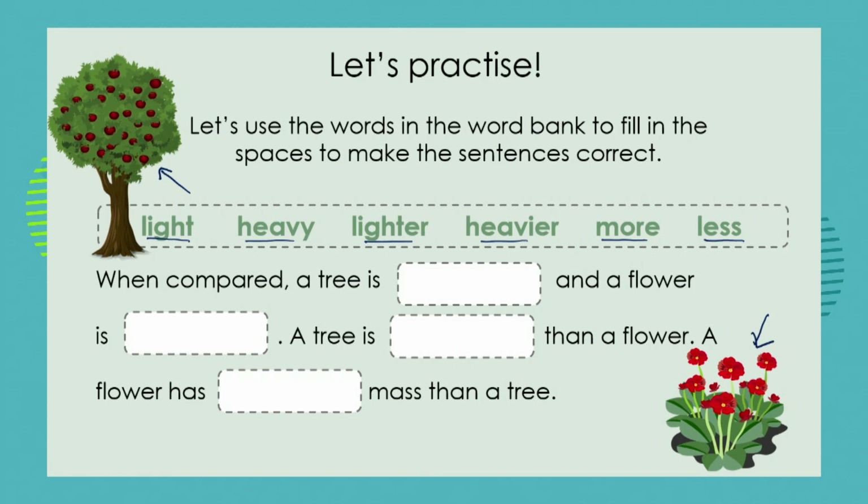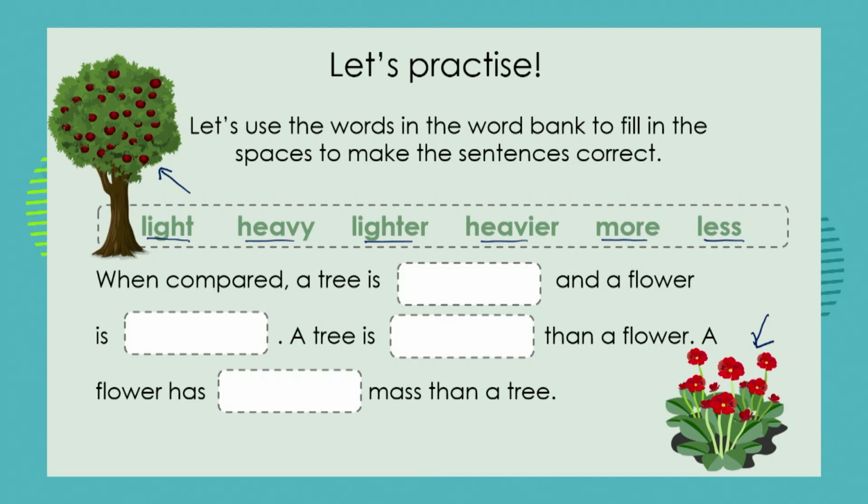So if you look at the objects without reading the sentences, can you already guess which one is going to be heavier? And can you think which one is going to be the lightest? Now I want you to keep those answers in your mind, and now let's read the sentences together and fill in the answers.